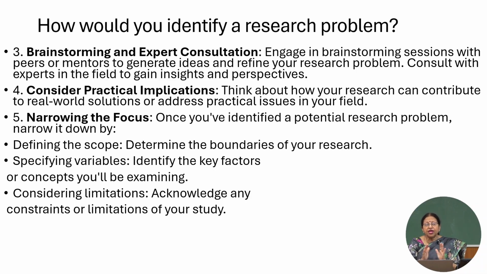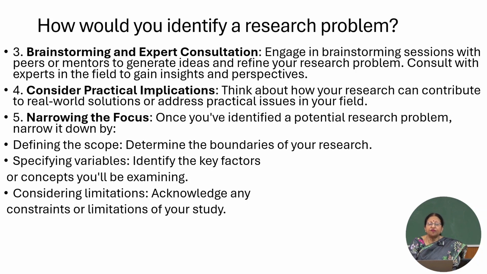So, when you narrow down the topic, then you can actually visualize how you want to do it. What will be the key factors that you will be focusing on in that research problem? That is where the planning begins.